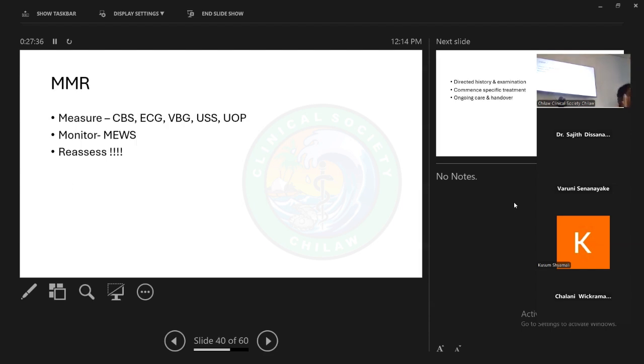So after the aim examination, like initial stabilization, we follow MMR. It is measure, monitor, and reassess. So measure: you measure CBG, ECG, blood gas, ultrasound, and urine output. These are all bedside, because we won't be getting any full blood count or anything. Everything can be done at bedside.